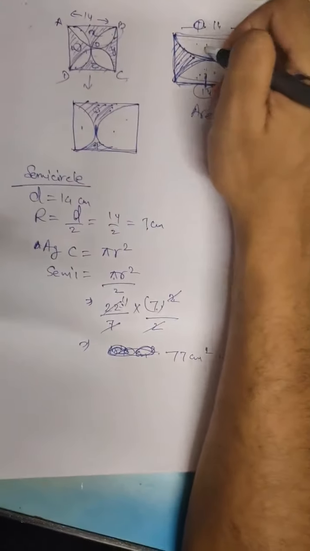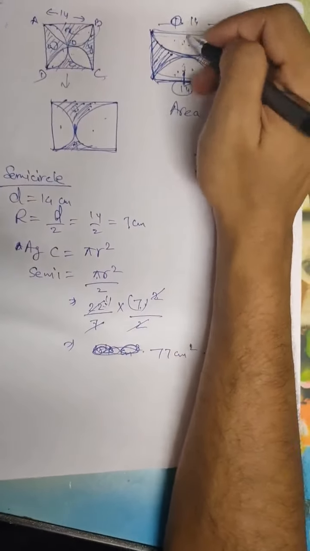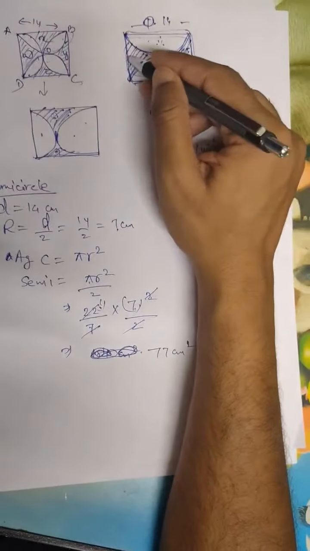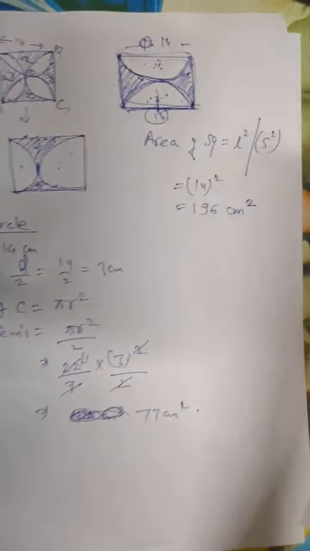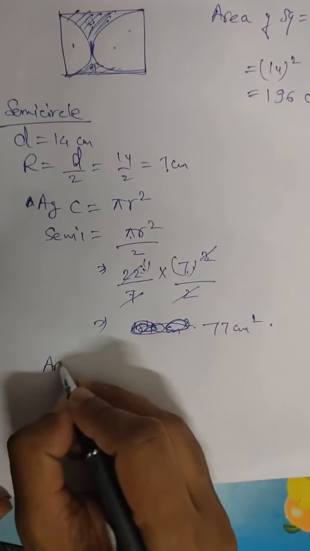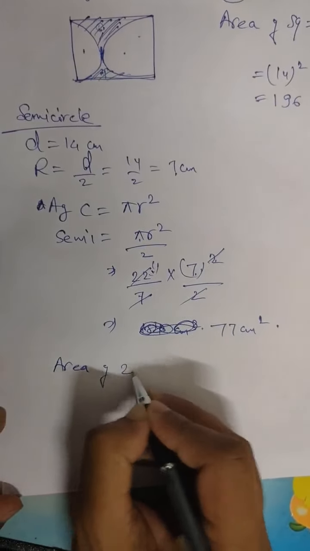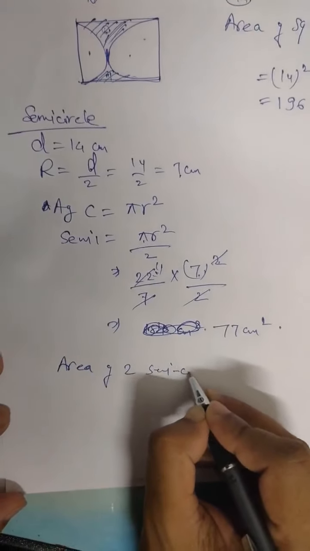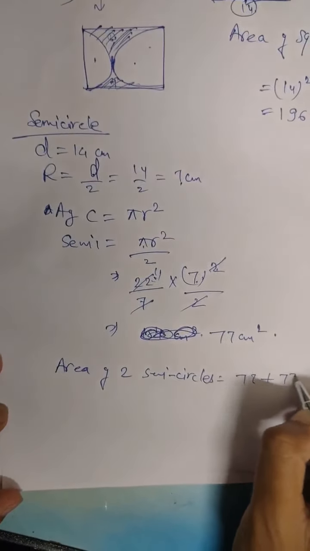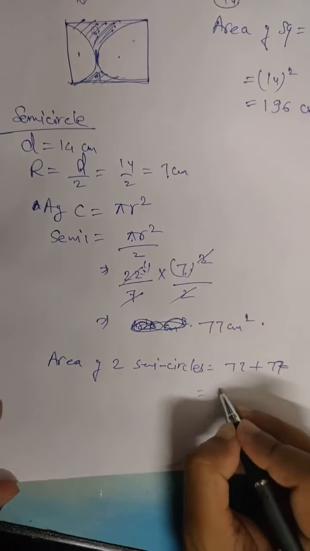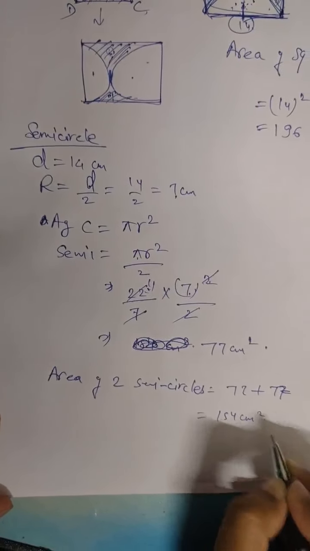Okay, this is the area of one semicircle, and we have two semicircles here, so we will add up. Since, if we see it in a symmetry way, it's the same value. So the area of two semicircles equals 77 plus 77, that is 154 centimeter squares.